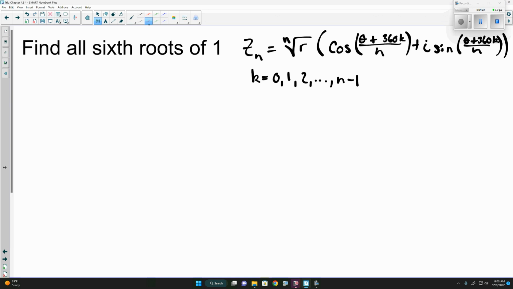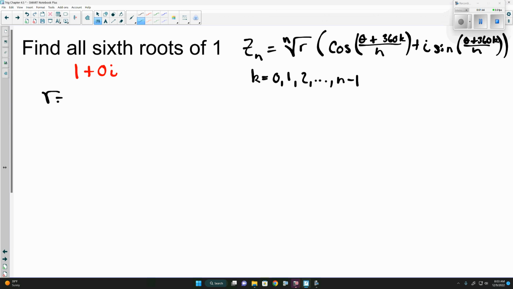And anytime we're finding the roots, we do need to get it in polar form, in a trig form. So here, we're taking 1 plus 0i and rewriting it. Whenever a term is not listed, it's understood to be 0. So here, since it's just 1, we have 0i. And then vice versa is true as well.